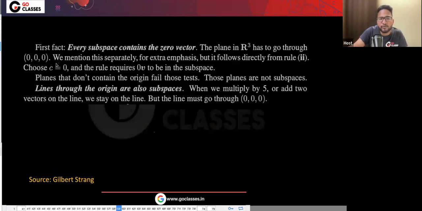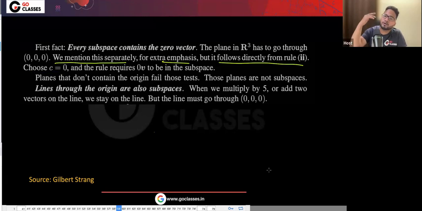Many times they mention this separately, I mean that the 0 has to be there. We mention it separately for extra emphasis, but it follows directly from the rule by choosing c equal to 0. The rule requires 0 times v to be in the subspace, so this 0 vector has to be in the subspace.